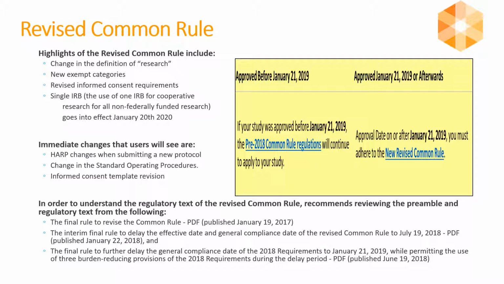So within the common rule, again, 45 CFR 46-102, human subject means a living individual about whom an investigator, whether professional or student, conducting research, 1, obtains information or biospecimens through intervention or interaction with the individual and uses, studies, or analyzes the information or biospecimens, or 2, obtains, uses, studies, analyzes, or generates identifiable private information or identifiable biospecimens.